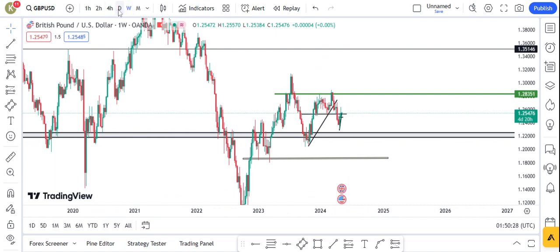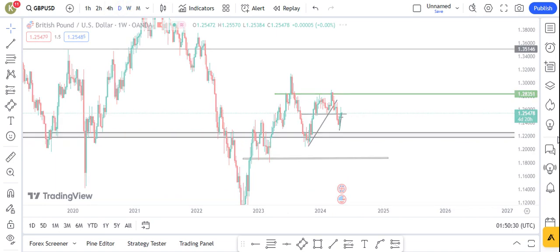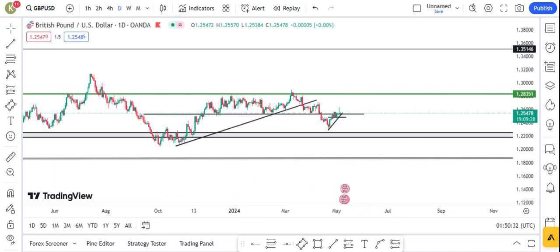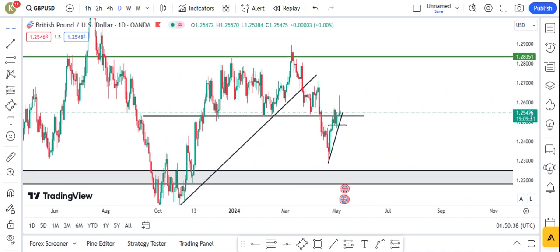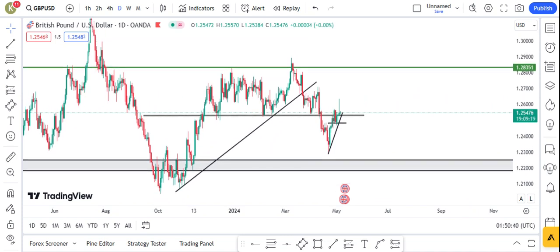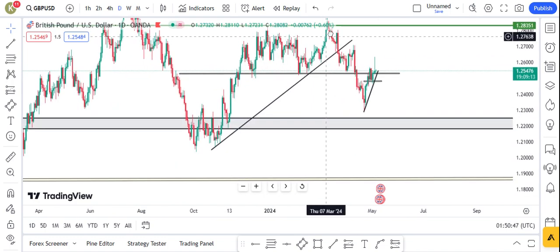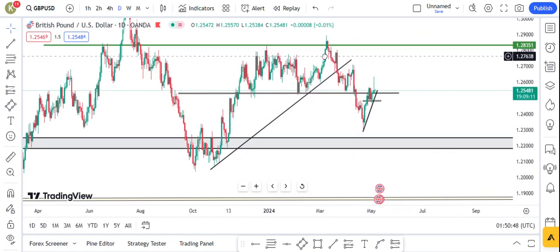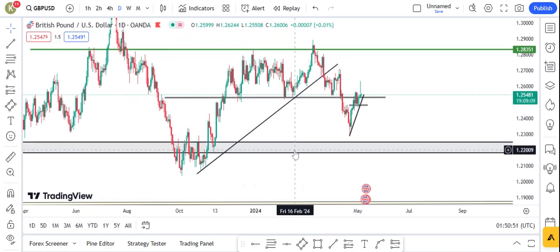So let's go over to the daily time frame. The daily time frame is where we check the immediate trend of the overall trend. So let's see what's cooking on the daily time frame. You can see a double bottom. And guys, before we go for the big Fibonacci play, you have to break out this support level right about now.